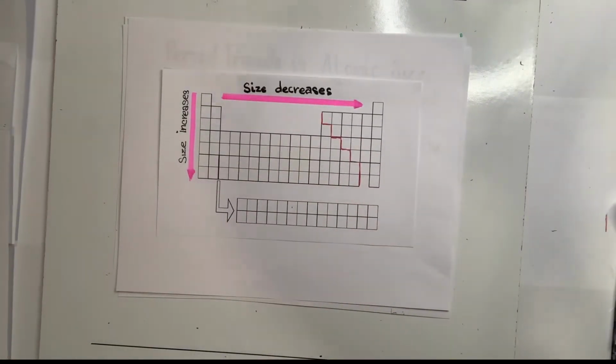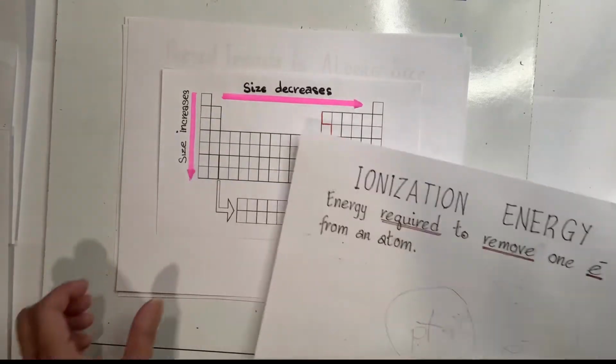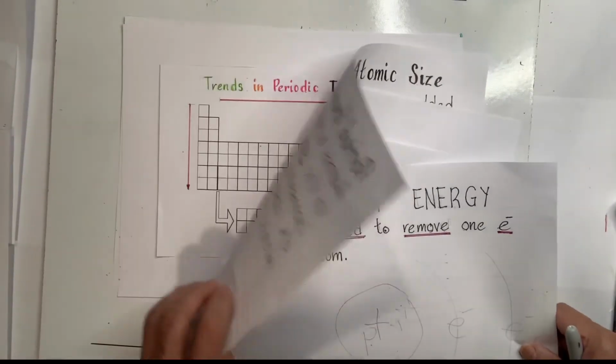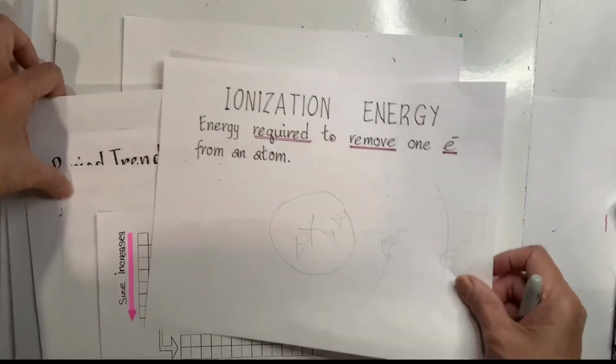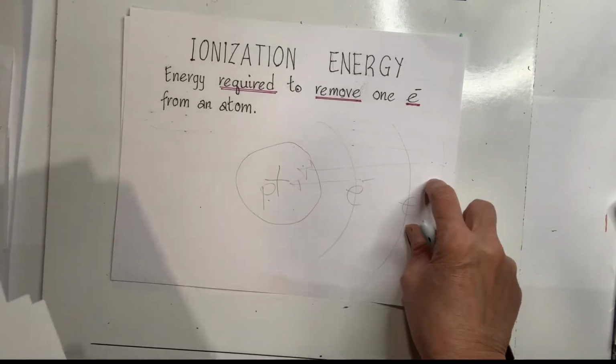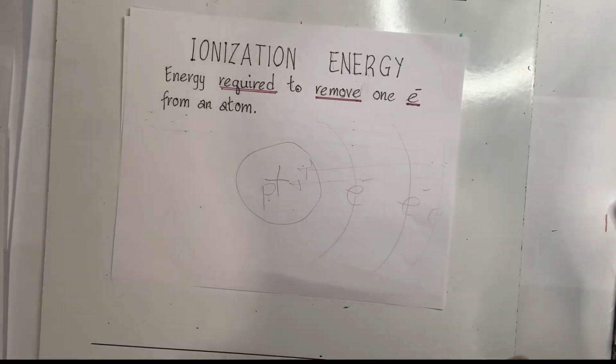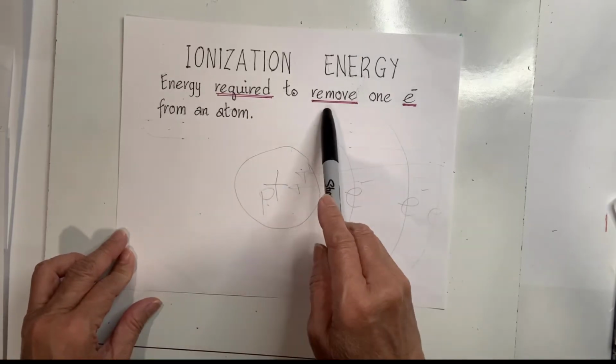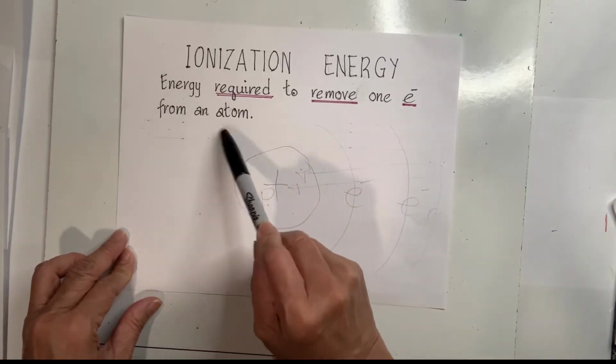So, let's go now to ionization energy. What about the ionization energy trend? To be able to understand this, we have to understand first the meaning of ionization energy. Ionization energy is the amount of energy required to remove one electron from an atom.